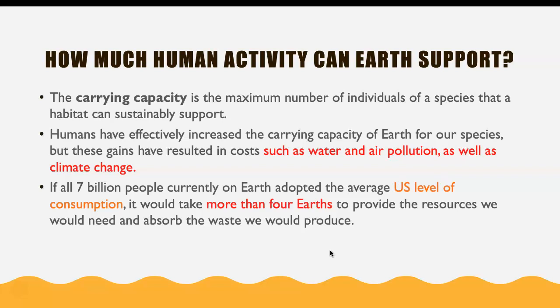Well, we touched on the concept of carrying capacity again. This is the maximum number of individuals of a species that a habitat can sustainably support. We can imagine the human population as a whole, all the human populations on the Earth, and we only have one Earth. So sooner or later, the Earth, which is our habitat, will reach the carrying capacity.